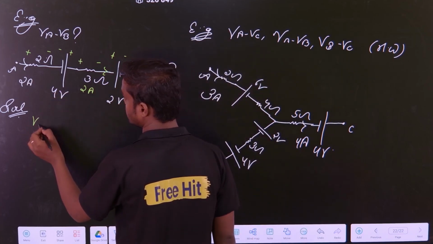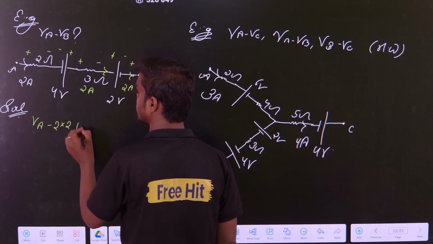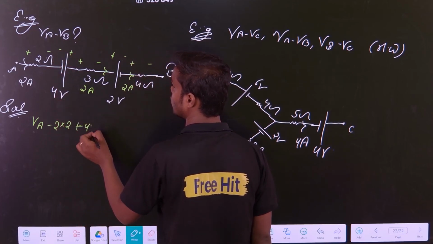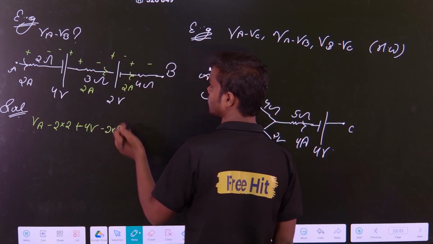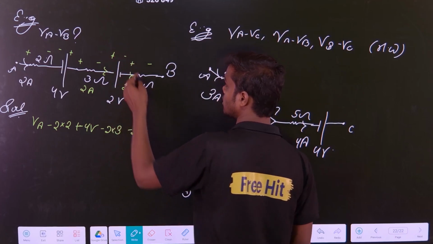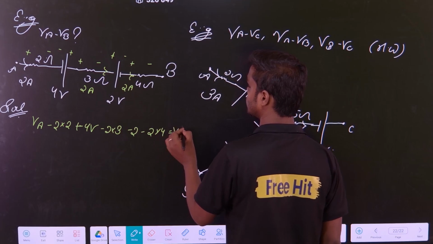Now let us start writing the KVL. VA plus minus means minus 2 into 2, then minus plus, so plus 4 volt, then plus minus, minus 2 into 3, higher to lower we are going, then again higher to lower, so minus 2 volt, and again higher to lower we are going, so minus 2 into 4. That should be equal to VB.